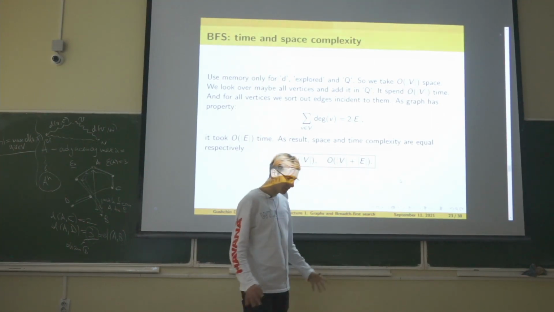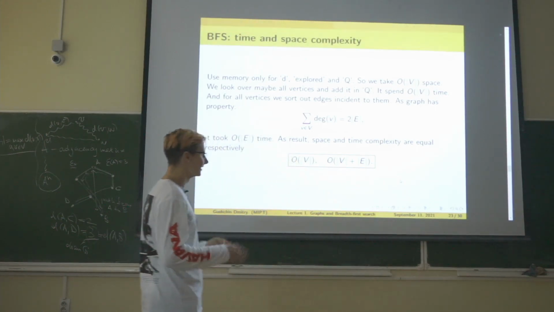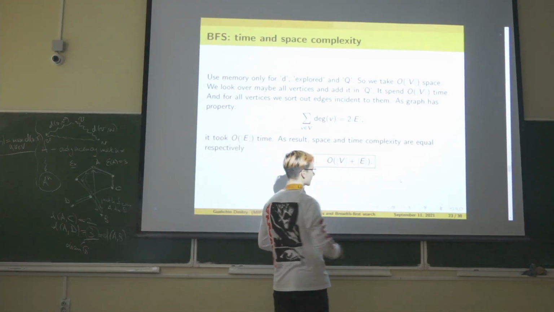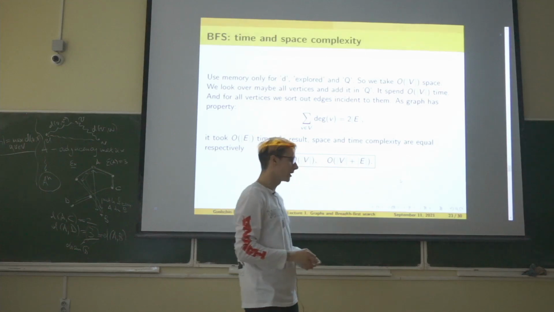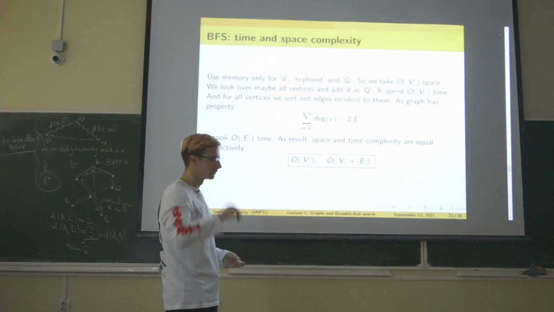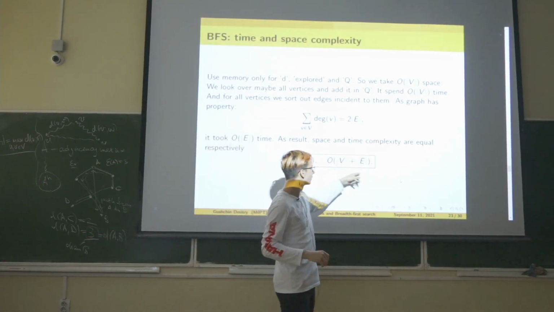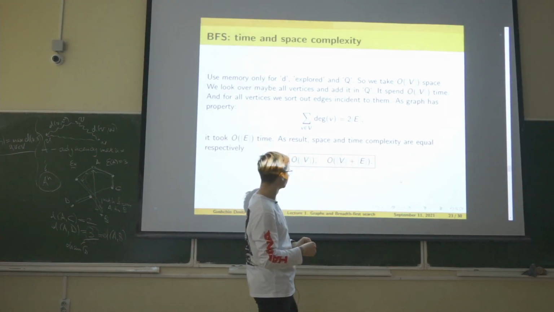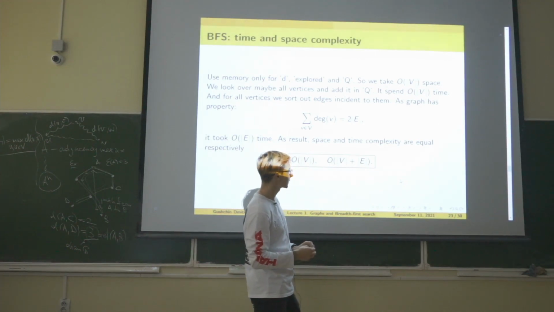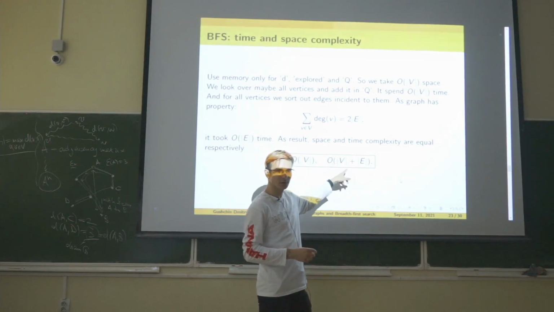But if we have a nearly full graph, and the number of edges is, for example, the number of vertices squared divided by 2, divided by 3, we get a square bound in the worst case. It's a bound in the worst case, of course, by definition.